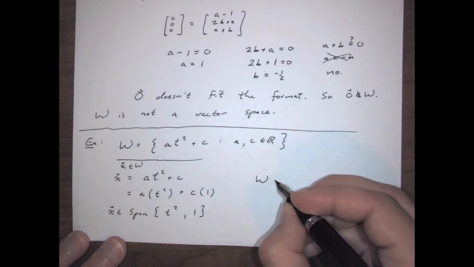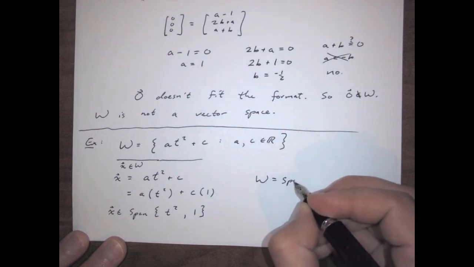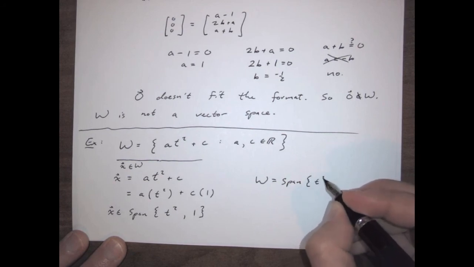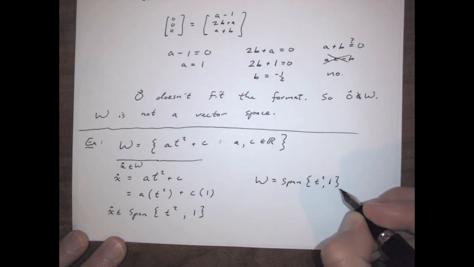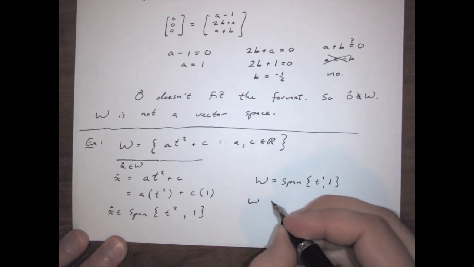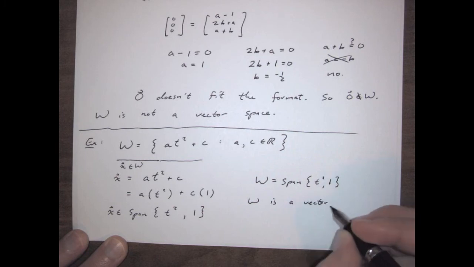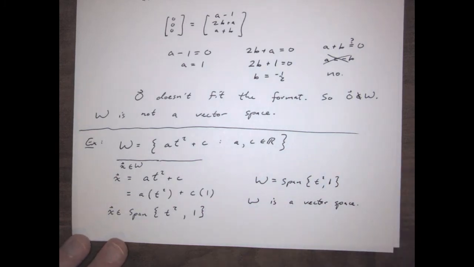So that means that W equals the span of those. And so W is a vector space.